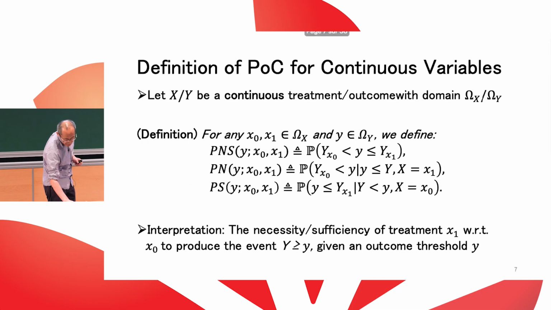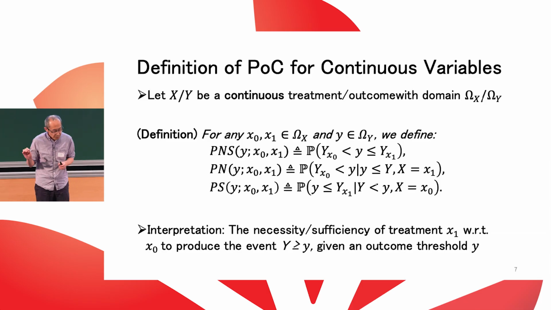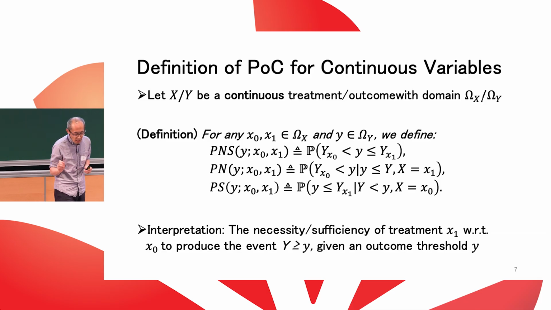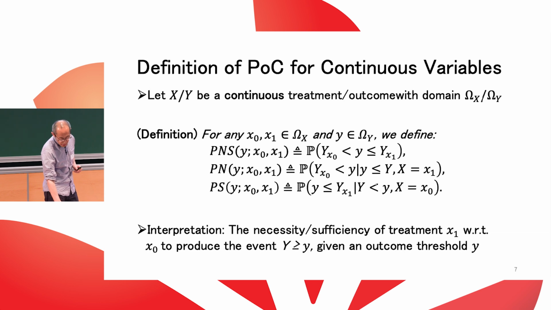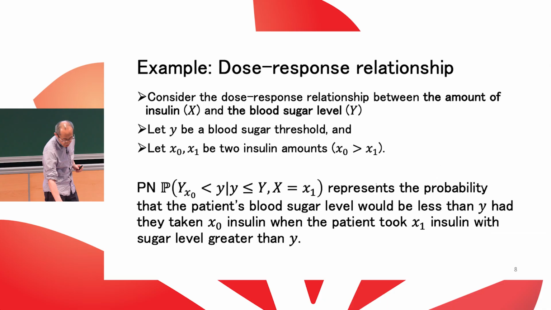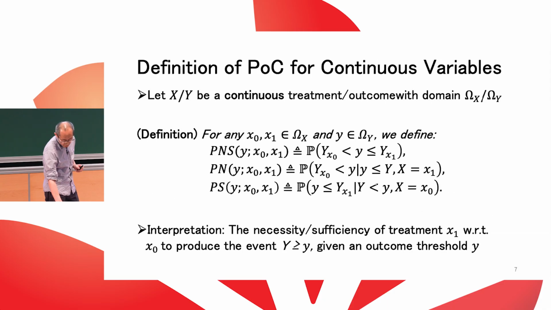Now we essentially replace them with the event of y larger than the threshold y or y less than the threshold y. In some sense, this is a straightforward extension. They satisfy the properties of the original intuition for the probabilities of necessity and sufficiency.